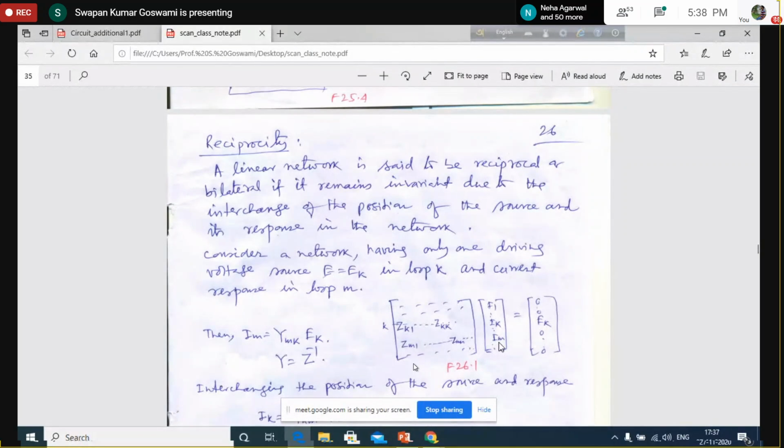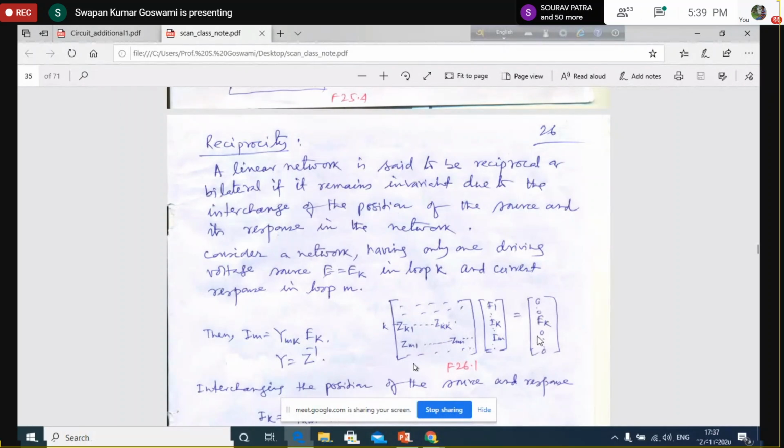Say we are finding the current Im. Then what will be the current Im? Current Im will correspond to the mth row. In the mth row, the admittances are Ym1 into V1, which is 0, plus Ym2 V2, that is also 0, plus Ym3 V3, this is also 0, plus Ymk into Ek. Ek has a value. So Ymk into Ek plus Ymn into En plus Ymm into Em.